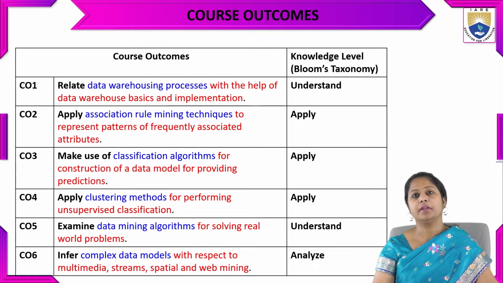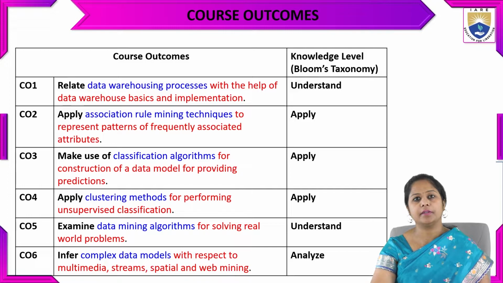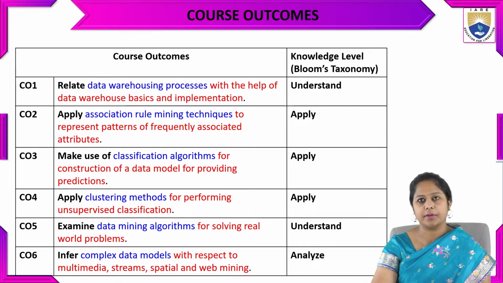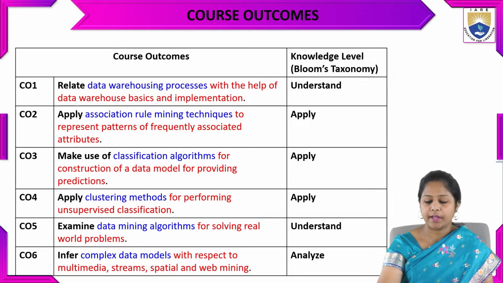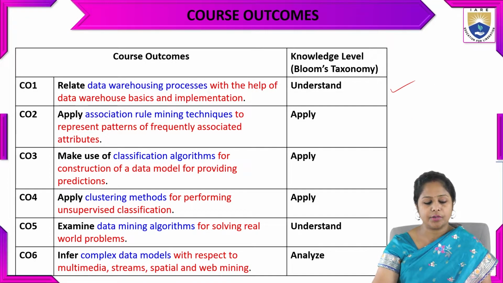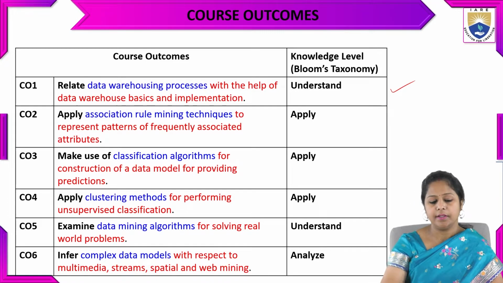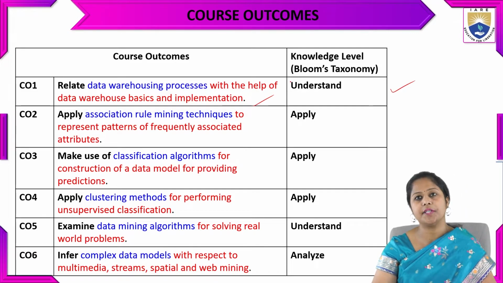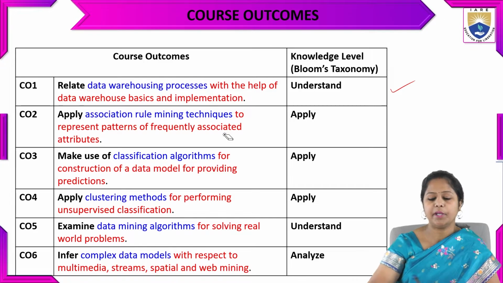Here, on the basis of the knowledge level, that is Bloom's taxonomy, what will the students achieve after completion of the course? What will the course outcomes be? Here we have mapped 6 COs, CO1 to CO6. The course outcome is to relate data warehousing processes with the help of data warehouse basics and implementation.